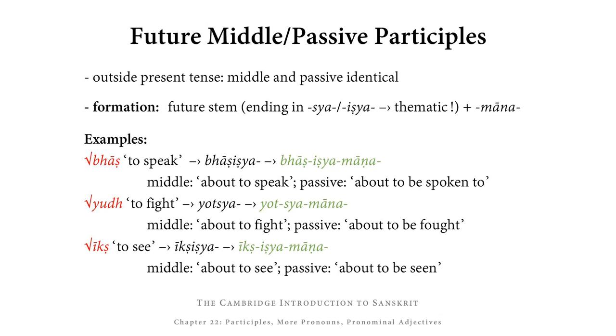If it's passive, it means about to be fought. And finally, of iksh, to see, we have the future stem ikshishya and the future middle or passive participle ikshishyamana. If it's middle, it means about to see. If it's passive, it means about to be seen. And like all the other suffixes that are formed with ana or mana, these participles are short a or long a stems.